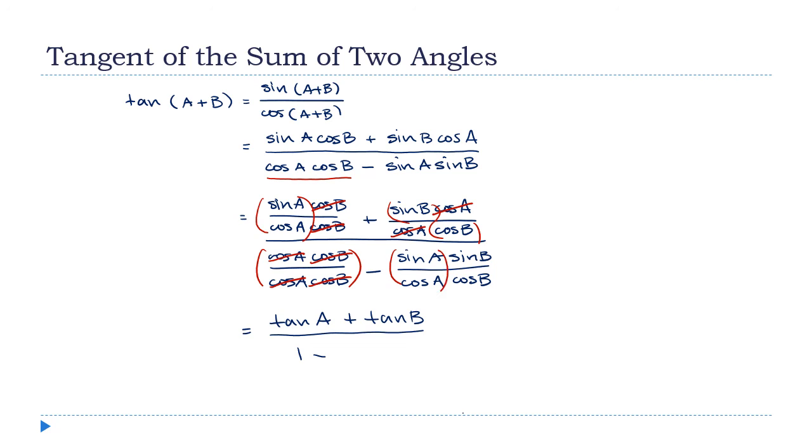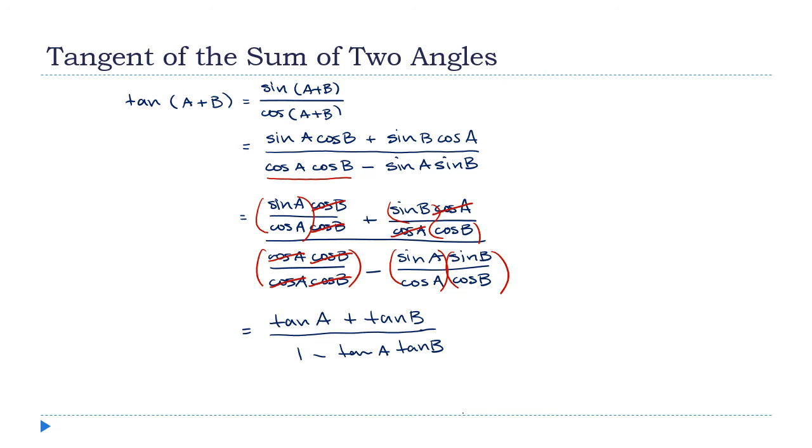Sine A over cosine A is the tangent of A, and sine B over cosine B is the tangent of B. And that's it. There's my formula for the tangent of the sum of two angles. And it's kind of nice that it also came out in terms of tangents. That's kind of an elegant way for this to end up.